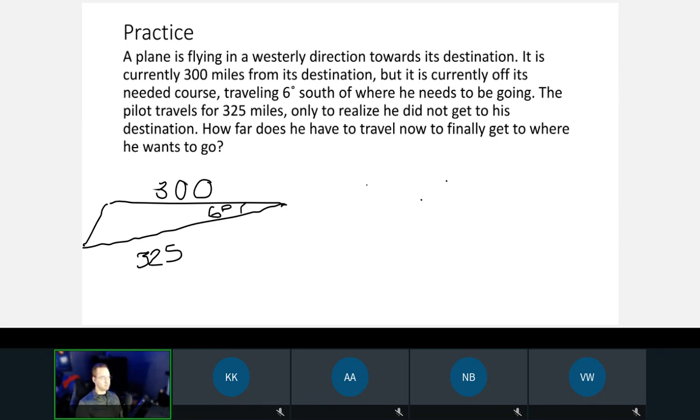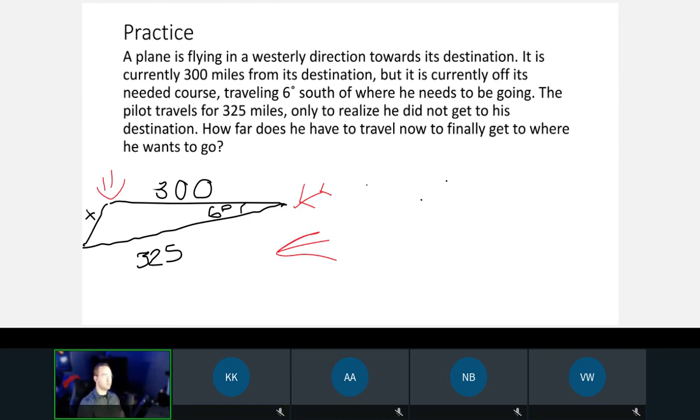That is perfect. So here's your plane, right? This is my plane. Yeah, that's definitely a plane. And we're going westwardly. Is that the right word? Westerly. Yeah, westerly. So that means they're flying west. And if they're currently 300 miles away from their destination, this is where you want to go.